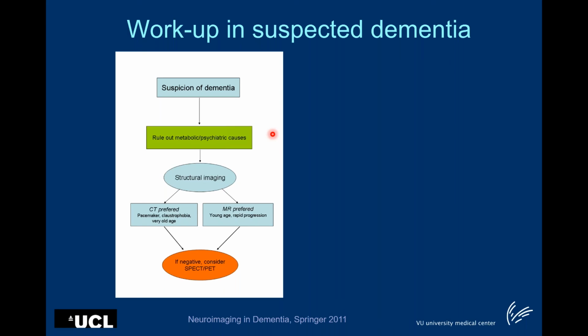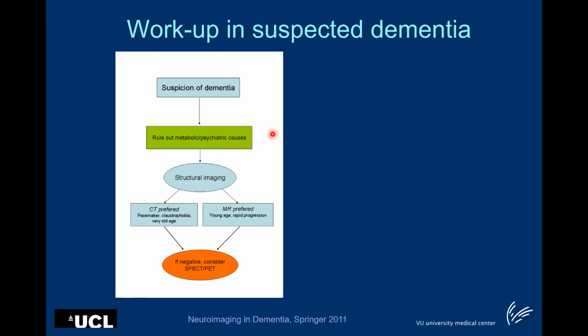So you can be more inclusive rather than exclusive. In principle, we try to do MR in everybody that we see in our memory clinic, but sometimes CT can be enough or is necessary, for example, if there's a contraindication for MR, or in very elderly patients where you're more excluding a tumor rather than finding subtle early changes of Alzheimer's disease.